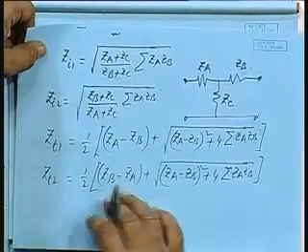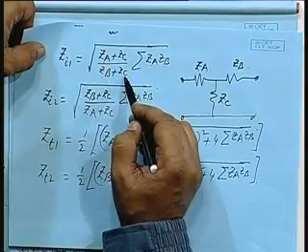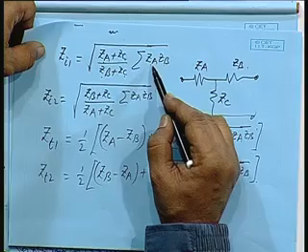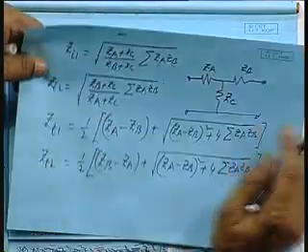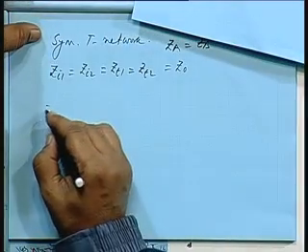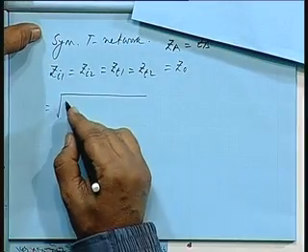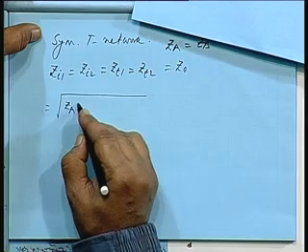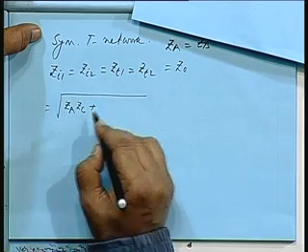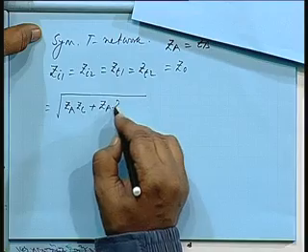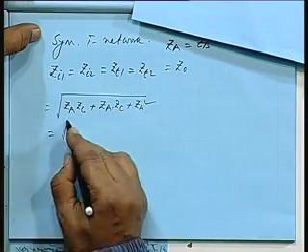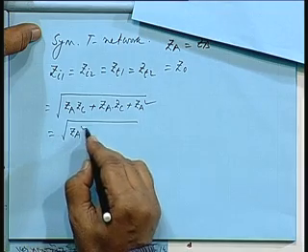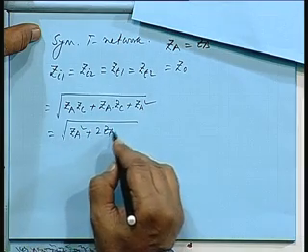You can see from here itself, Z A plus Z C, Z B plus Z C, they will be getting cancelled. So you will be left with only the Z A Z B product. So that gives me the product as Z A Z C plus Z A Z C plus Z A squared, that is equal to Z A squared plus twice Z A Z C.